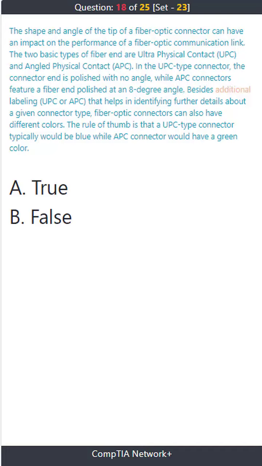Besides additional labeling, UPC or APC, that helps in identifying further details about a given connector type, fiber optic connectors can also have different colors. The rule of thumb is that a UPC type connector typically would be blue while APC connector would have a green color. A. True. B. False.